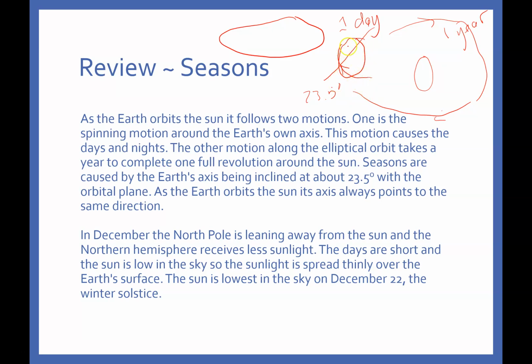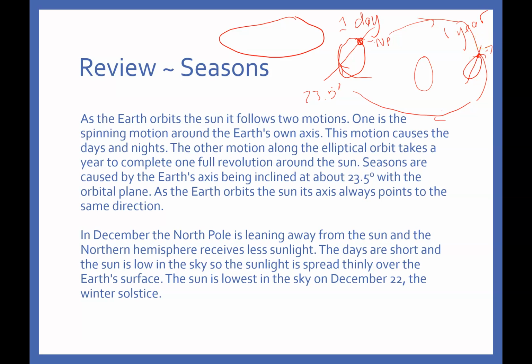So in December, the North Pole, which is up here, I'm just going to label it NP, North Pole, is leaning away from the sun. So that's winter. Right now this is not drawn correctly. If it were this way, the North Pole is facing away from the sun, so it's receiving less sunlight.